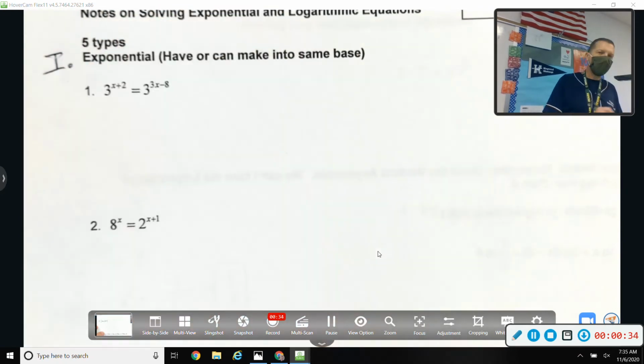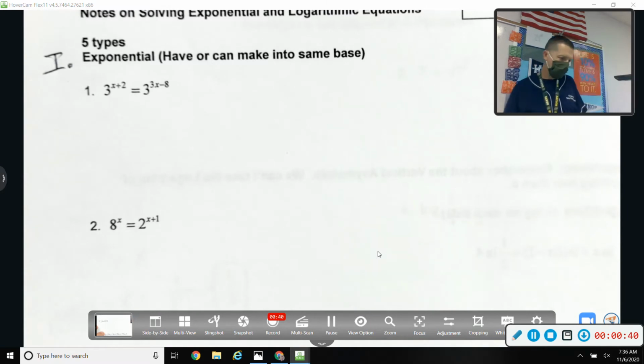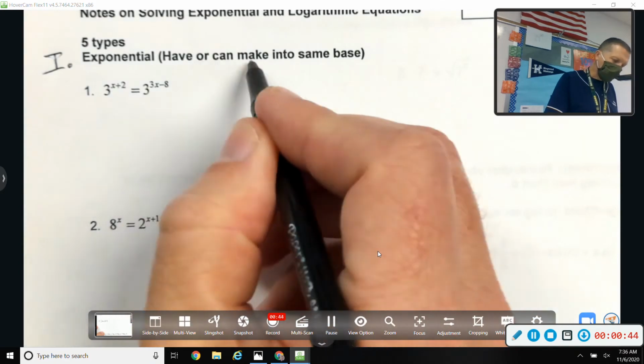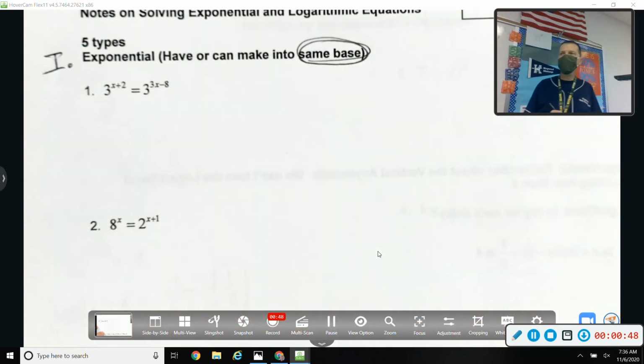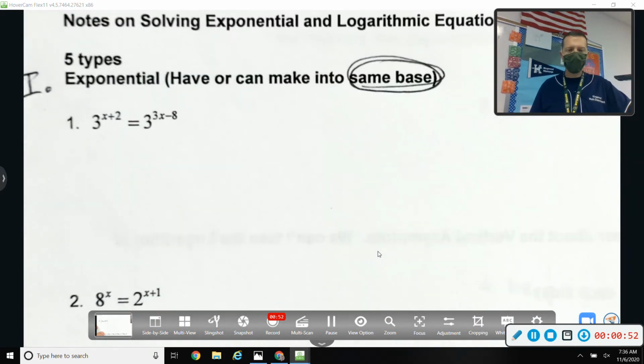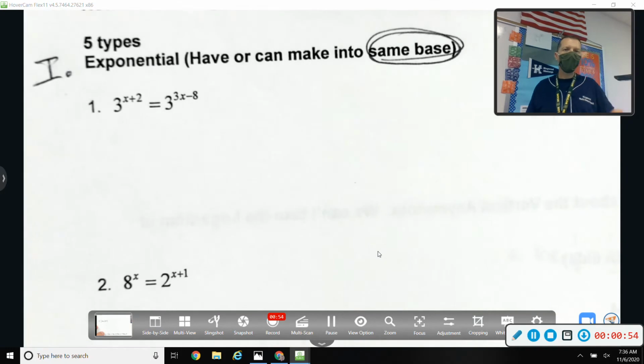There's 5 types. I wish I had labeled these 1, 2, 3, 4, 5 as we go, but you get the idea. First type, exponentials that have the same base, or at least could have the same base. So the easiest type of problem we'll have is one like number 1.